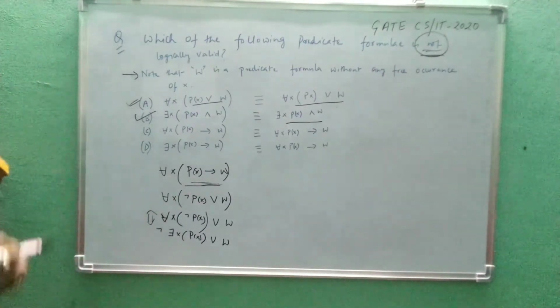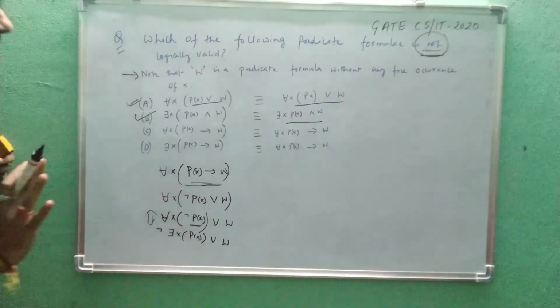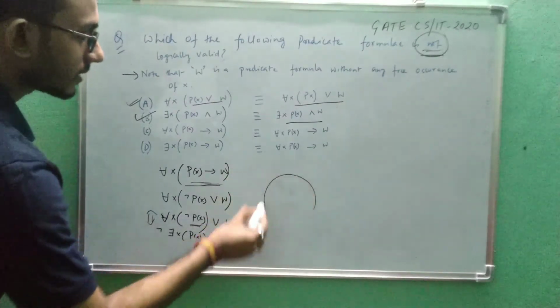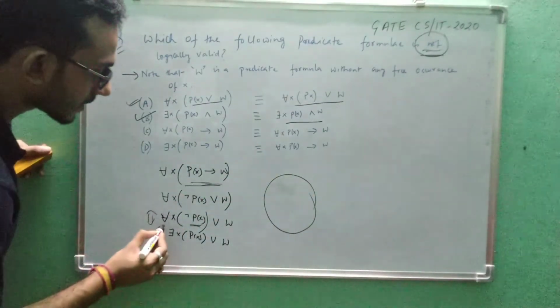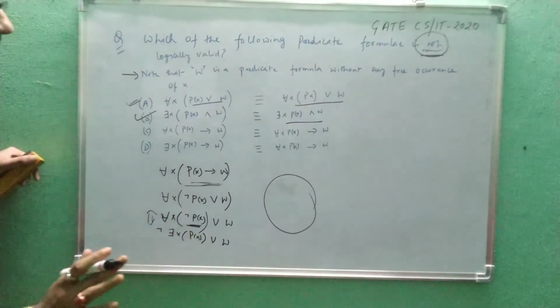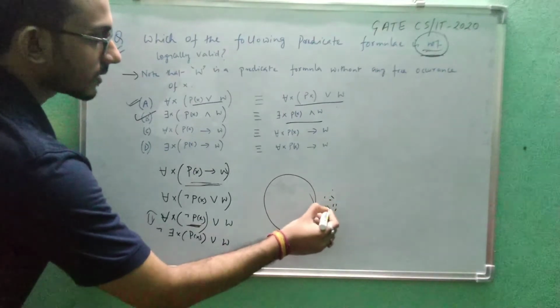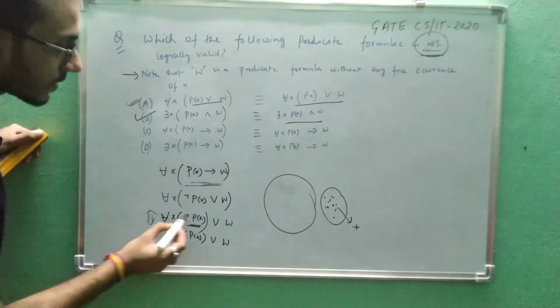Let me explain this. It tells that for all X, P of X doesn't exist. Let's say that P of X is this territory. We say that for all X, P of X doesn't exist or is false. If these are all X, let's say this is the category which is X, we say that for all X, P of X is not true.